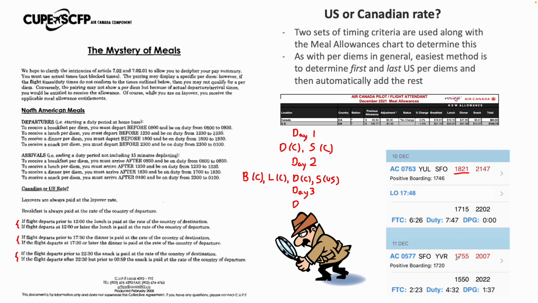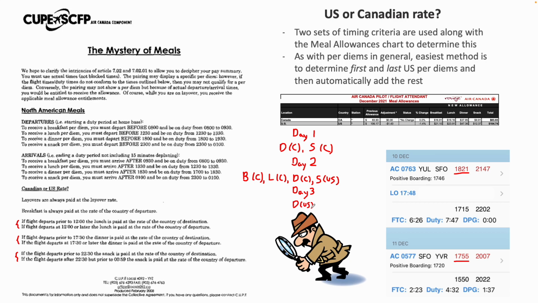We also know that the flight leaving San Francisco for Vancouver left at 5:55 p.m. So if we go back to the dinner decision tree, we see that if the flight departs prior to 5:30 p.m., dinner is paid at the rate of country of destination. If it's 5:30 or later, dinner is paid at the rate of country of departure. So because it was 5:55 p.m., that means that this dinner is paid at the US rate.